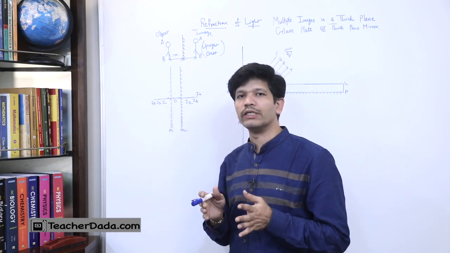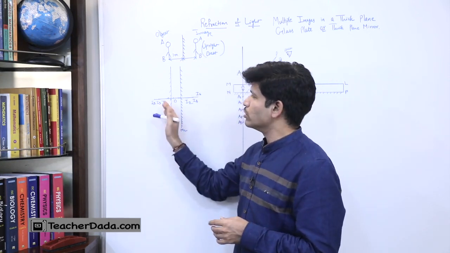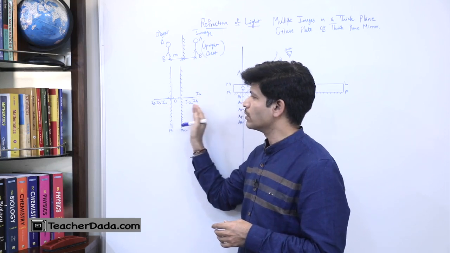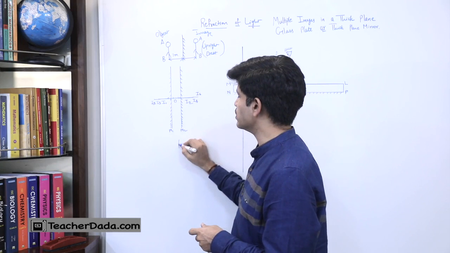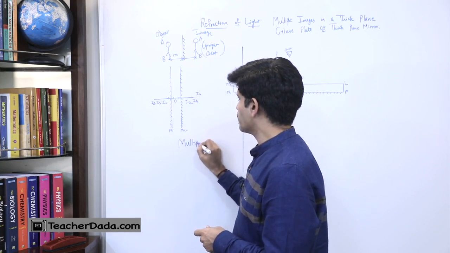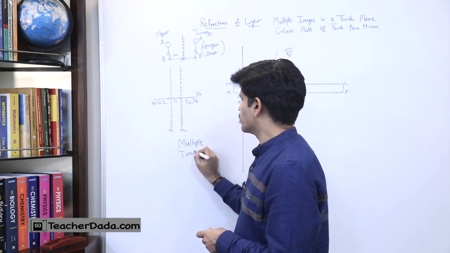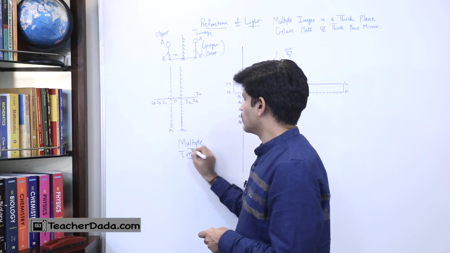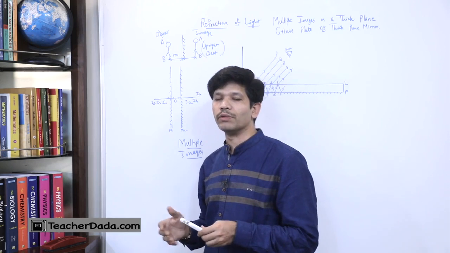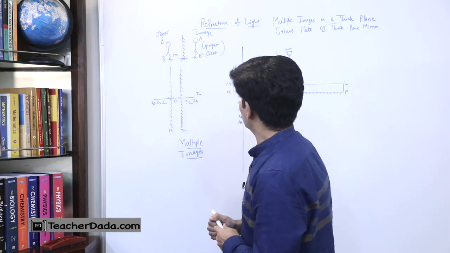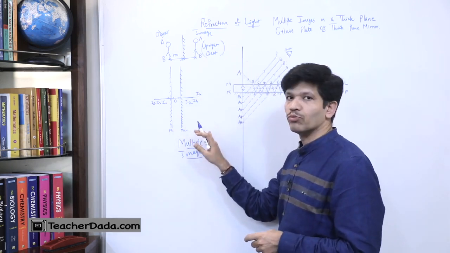So if you are sitting somewhere in between, the same image is formed. So we can say the same images are formed. These are known as multiple images. They are aligned in such a way for entertainment purposes in the amusement park. So now let us understand this concept in more detail.